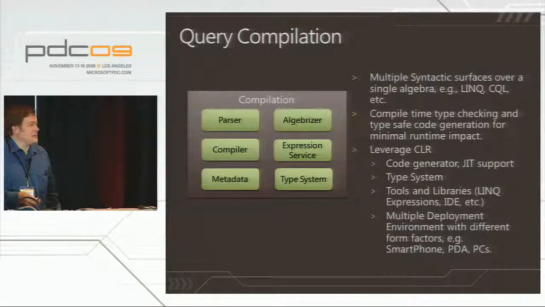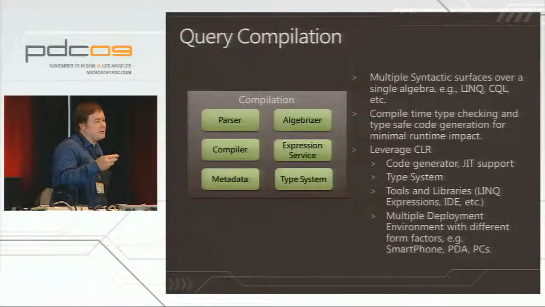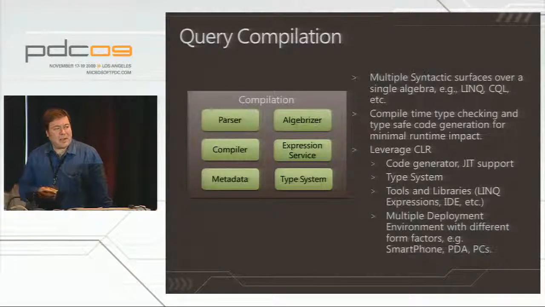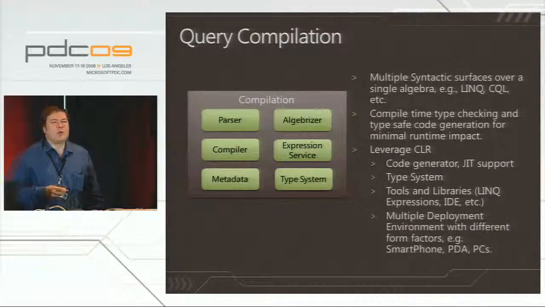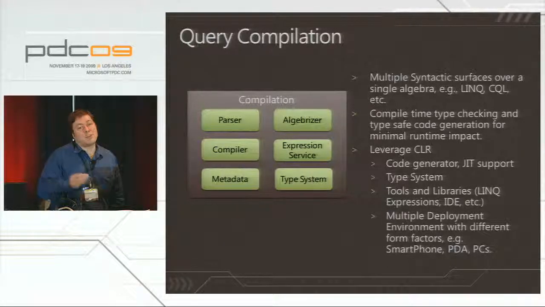Another nice thing about our compilation is it's strongly typed, so we have type safety. We leverage the CLR for many aspects. In a low latency streaming kind of environment, we really cannot afford to interpret expressions, so we compile them.